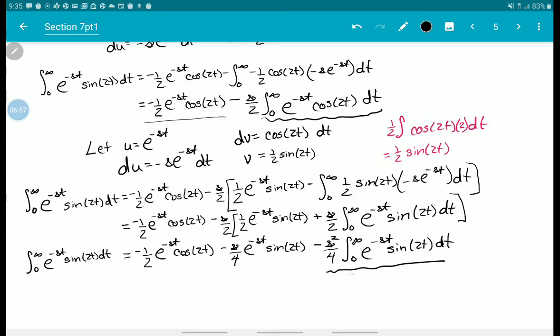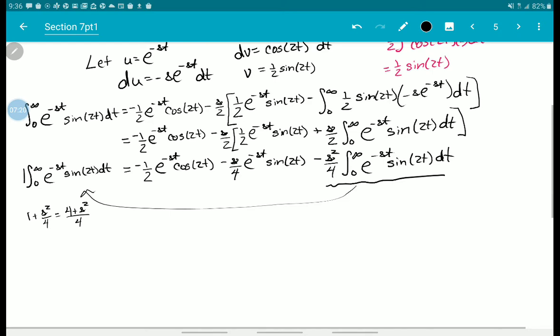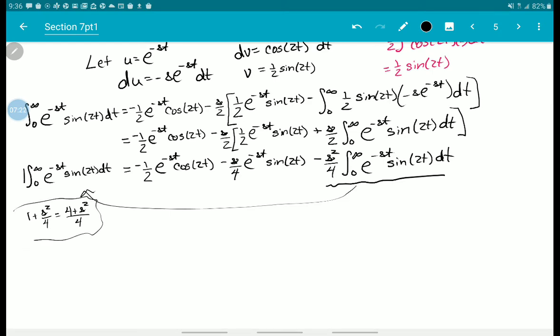So what we want to do is add this guy to the other side. So remember, there's a 1 in front of this. So I have one of these over here, and I'm adding s squared over 4 to the left. So 1 plus s squared over 4 would give us 4 plus s squared over 4. So now we have, that's a little side piece.